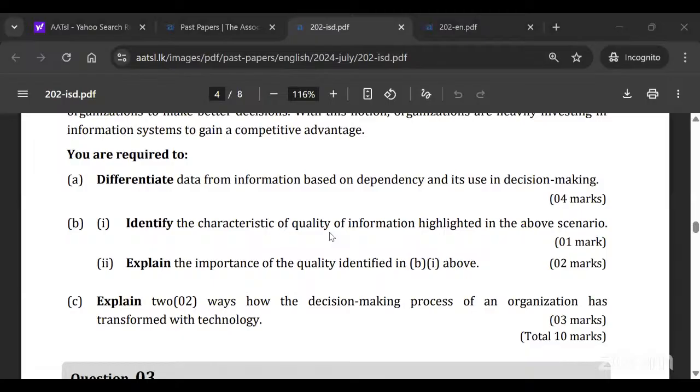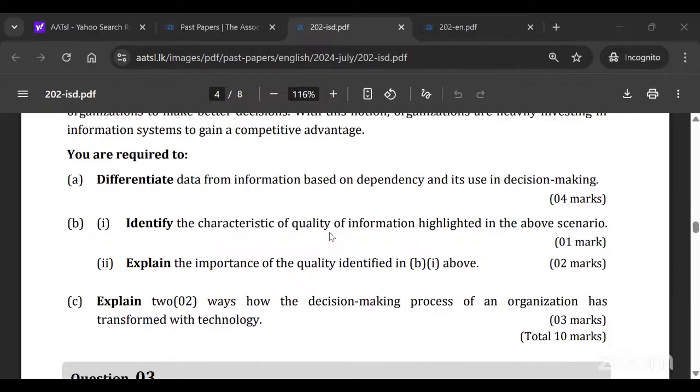The characteristic of quality information that is highlighted in the scenario is timeliness. Right? Timeliness. Read the scenario.